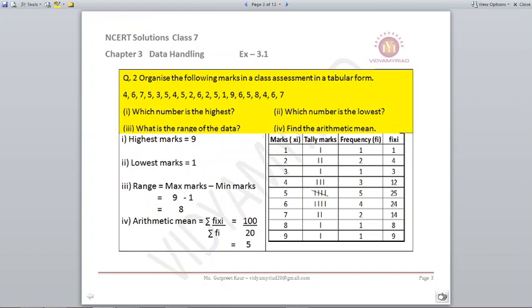So you will multiply Fi into Xi and you will get the last column, that is 1, 4, 3, 12, 25, 24, 14, 8 and 9. When you add them all together, total comes to 100. Sigma Fi is 20. So the formula for arithmetic mean is sigma Fi Xi upon sigma Fi, which is equal to 100 upon 20. That will give you the answer as 5.